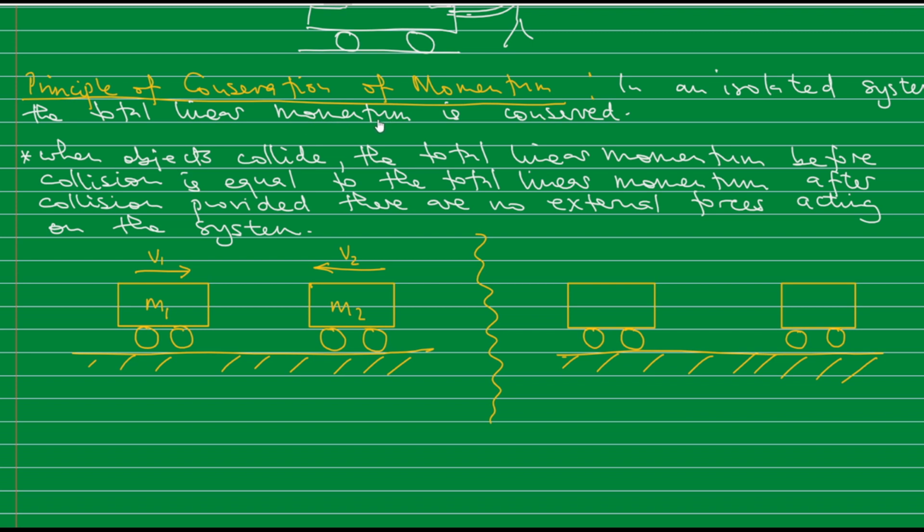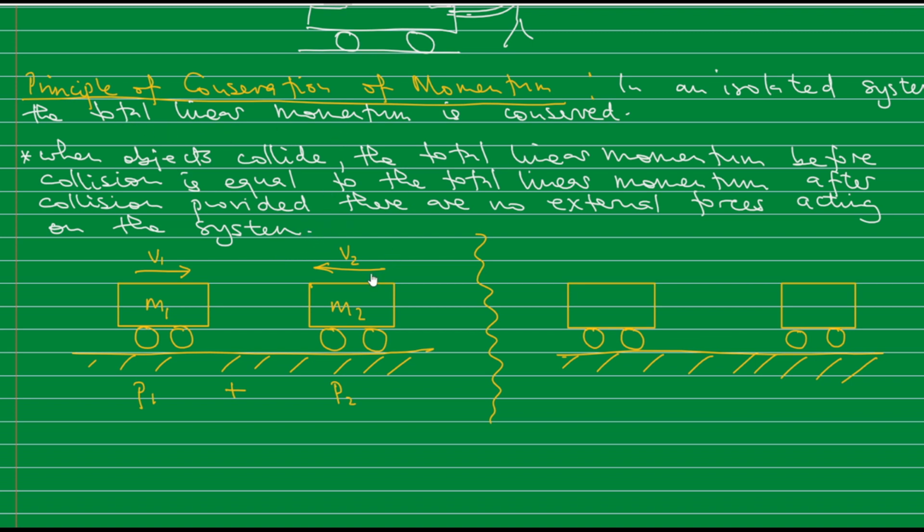Remember, momentum is the product of the mass of the object and the velocity of the object. So object 1 has its momentum, P initial, we can call it P1, and this one has its momentum, which is P2, and we are going to add the two momenta, that is the total linear momentum.